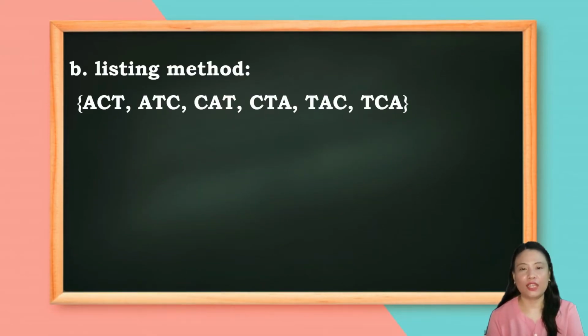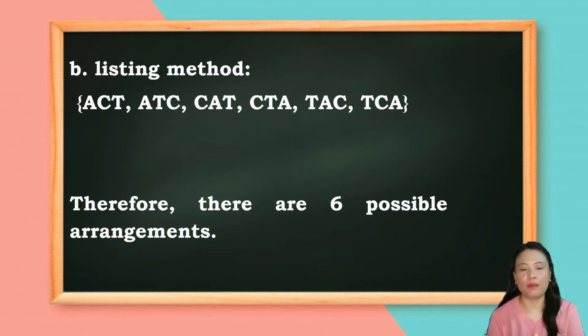The set containing ACT, ATC, CAT, CTA, TAC, and TCA. Similar to the result in our tree diagram, we will also have 6 possible arrangements.